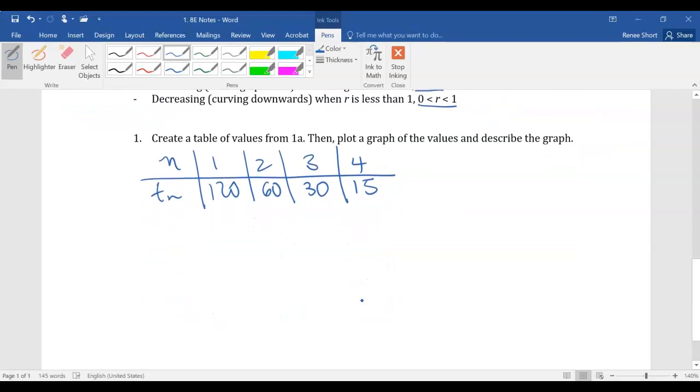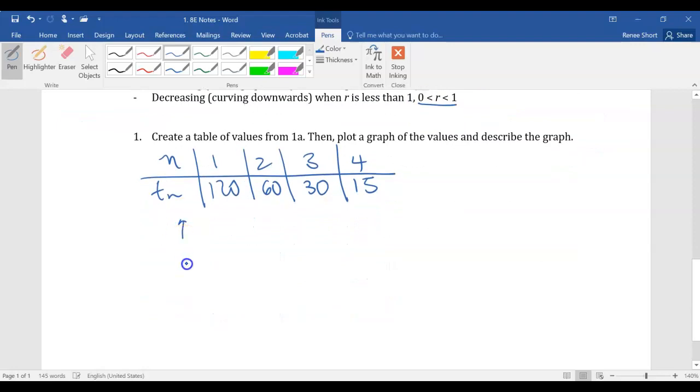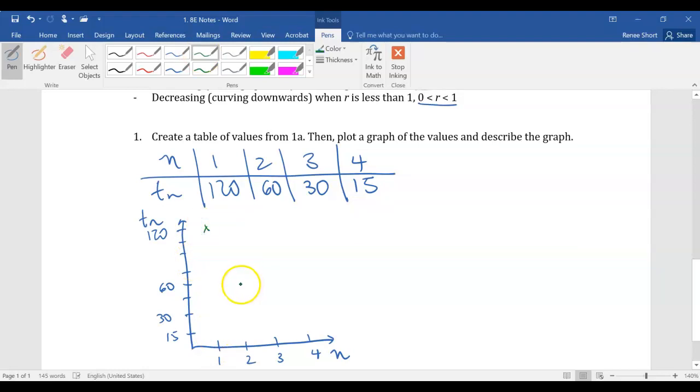Now, if I graph these, I've got n here, I've got tn up here, and this is 1, 2, 3, 4. 120, half of that is 60, half of that is 30, half of that is 15. I'll put in these extra lines. And if I plot this now, at 1 I'm at 120, at 2 I'm at 60, at 3 I'm at 30, at 4 I'm at 15.